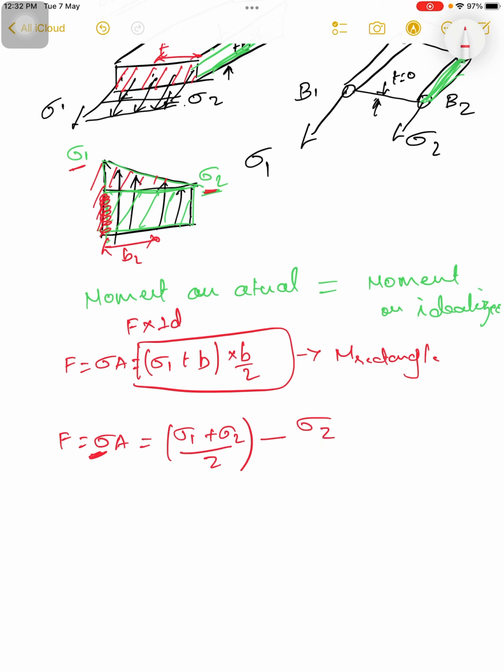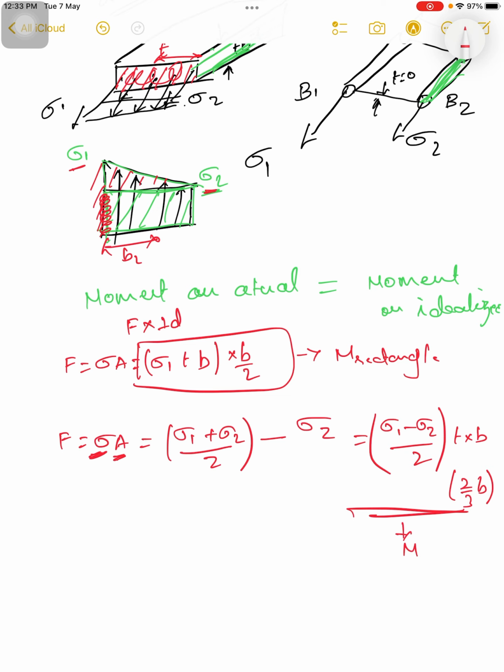So now we get sigma 1 minus sigma 2 by 2. This is our stress, and the area will be the same region, T into B, right? We have to determine the force concentrated on this triangle, which will be at the centroid. The centroid for the right triangle will be 2 by 3 into B. So this will be the moment for the triangle.